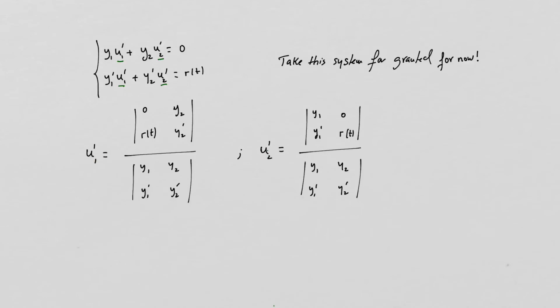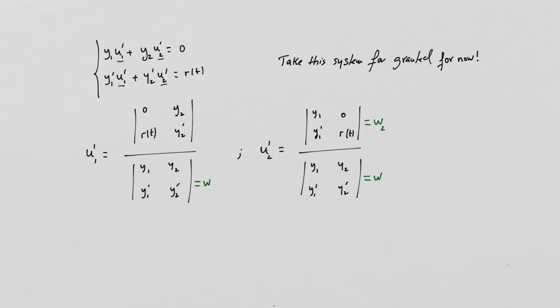So for U1 prime, let's begin with the denominators. It's just Y1, Y1 prime, Y2, Y2 prime. Here they are. And the determinant of that is in the denominator, and we're going to call it W. We're going to call this W2.